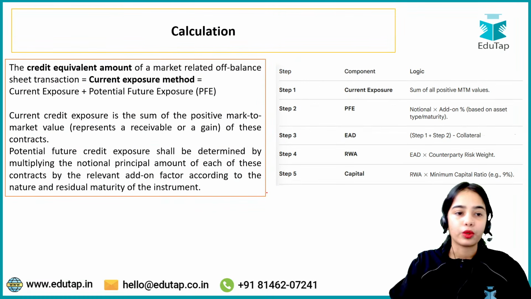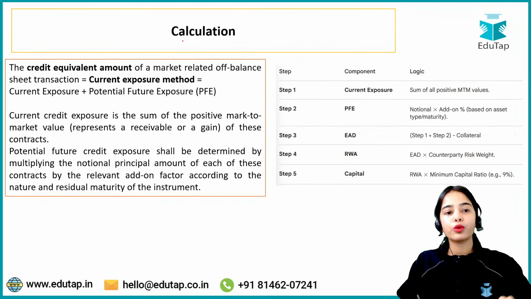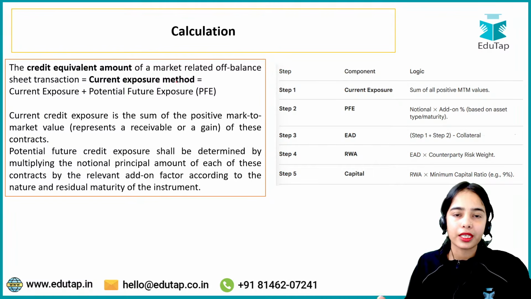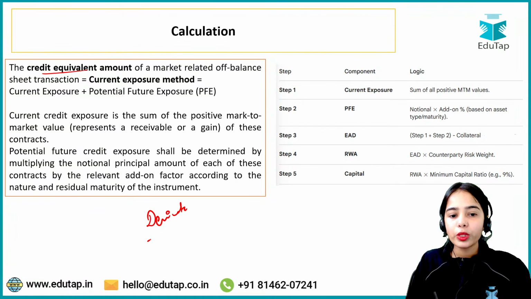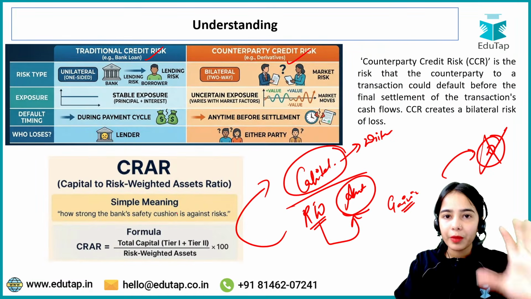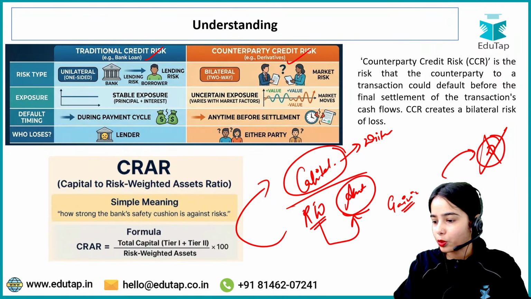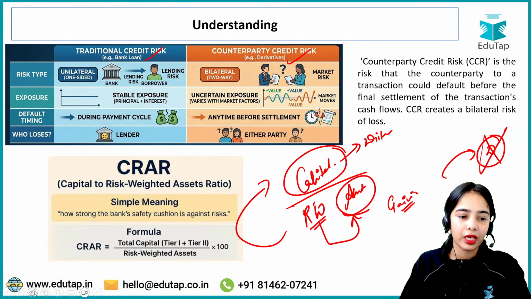Okay, chalo. Now coming to the calculation. So basically this is the calculation that is given, or this is the formula that is given that you have to keep in mind. So credit equivalent. Now derivatives, do they have stable exposure or do they have uncertain exposure? What kind of exposure do they have?